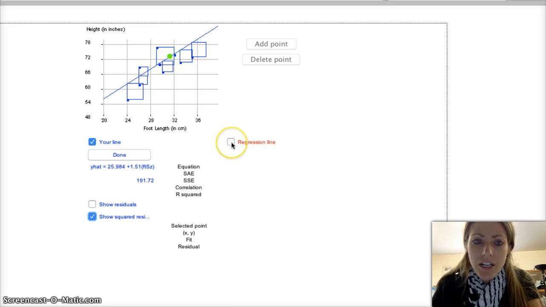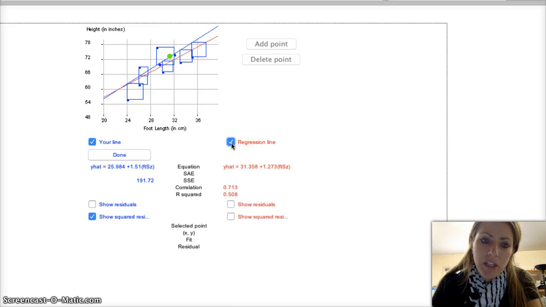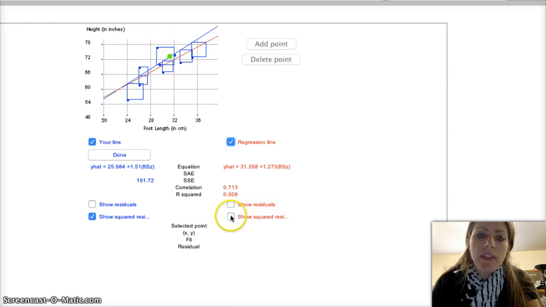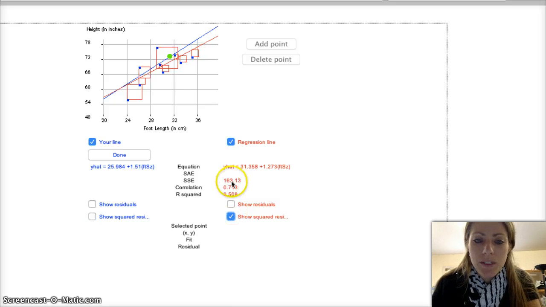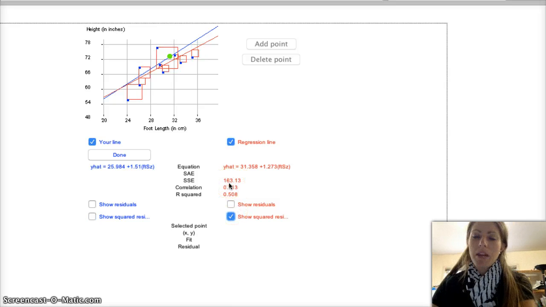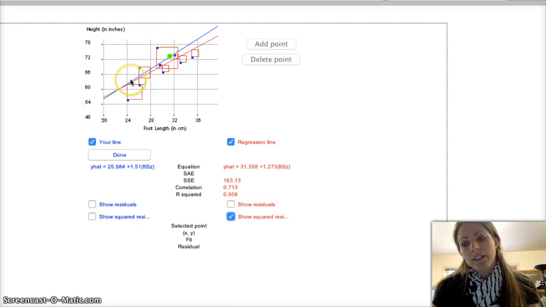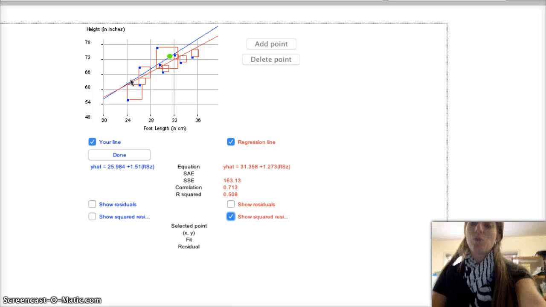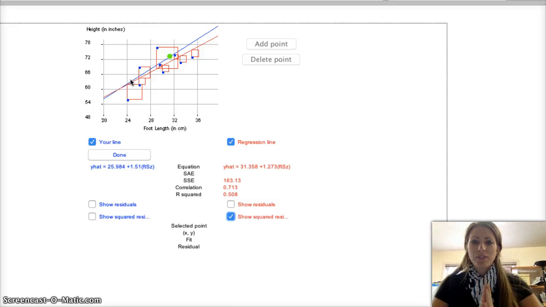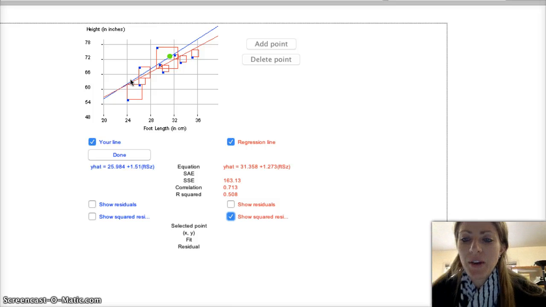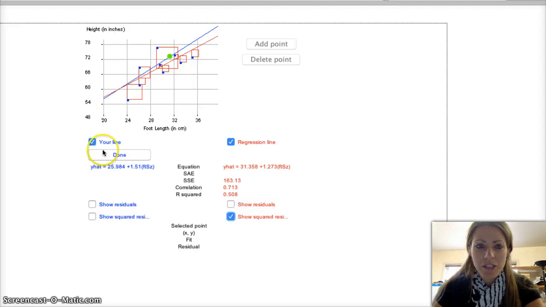Now if you look at the actual regression line, that is pretty close. The residual squared is 163, so I still haven't minimized the area yet. So anyways, that's the sum of the squares so that you can be aware of what least squares means in the least squares regression line.